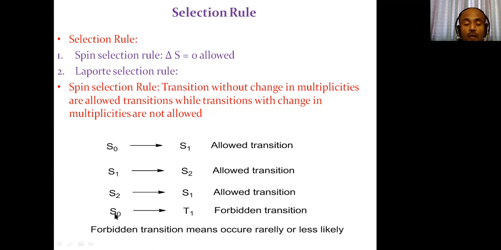While direct excitation of an electron from the ground state to the triplet state is forbidden because during this excitation the multiplicity of the electron changes, that is, singlet to triplet. Singlet and triplet are called multiplicities. Since there is a change in multiplicity, this transition is forbidden, that is, rarely observed.